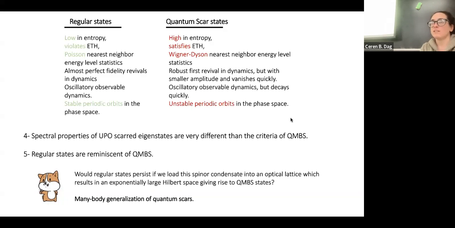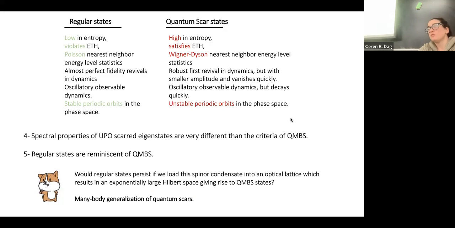That's the recent thing that we're doing. So you found the states in the PXP model. Yes, those are, as everybody's calling them, QMBS. But whether they are actually more related to regular states or quantum scars, it seems to me that they're more related to regular states.